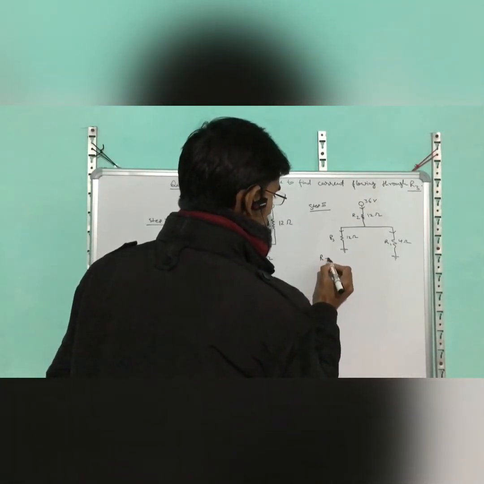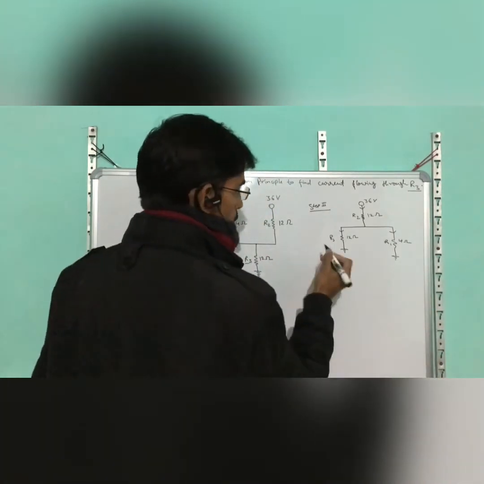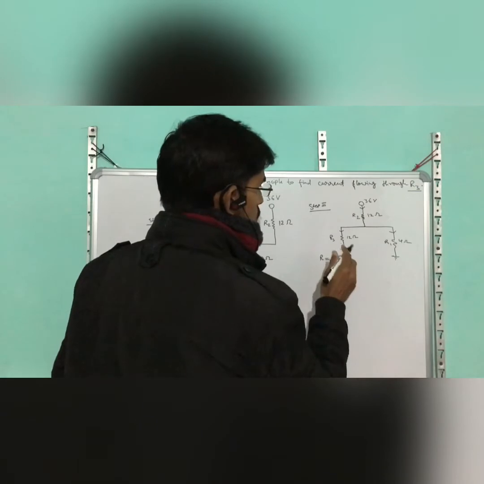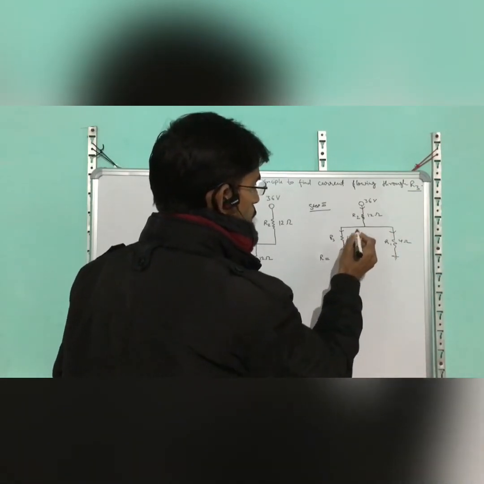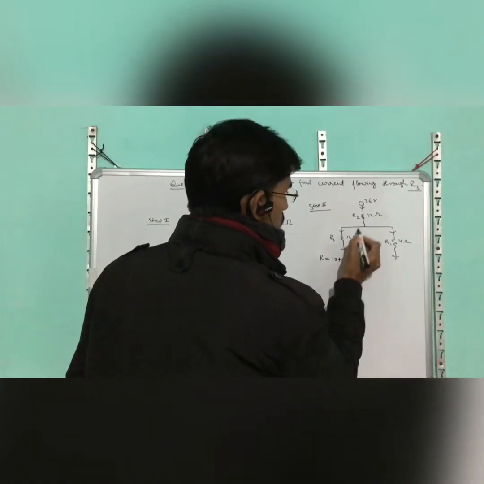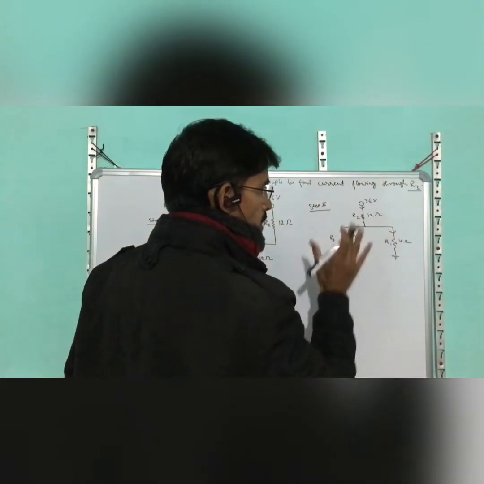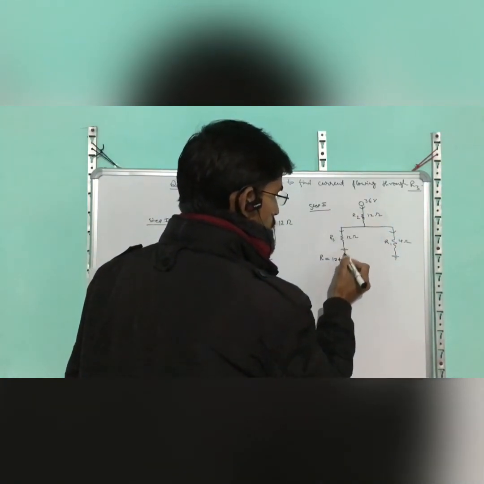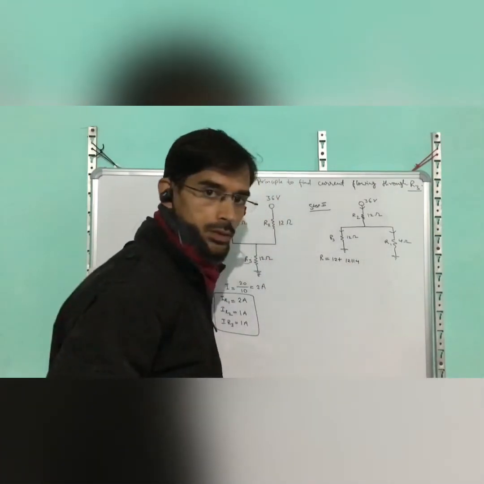Total resistance will be RT, we can also write as in the subscript T, but it is understood. You can write accordingly and as per your convenience. So total resistance will be 12 plus this parallel combination in the series of this 12. So 12 plus 12 parallel 4, like this, okay.